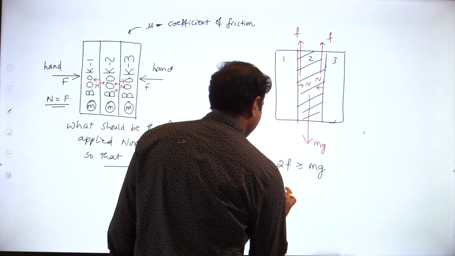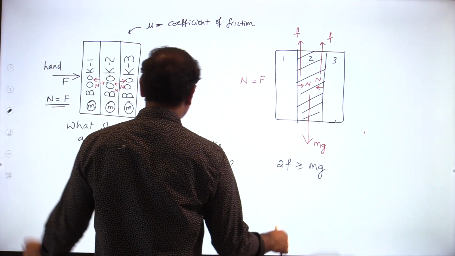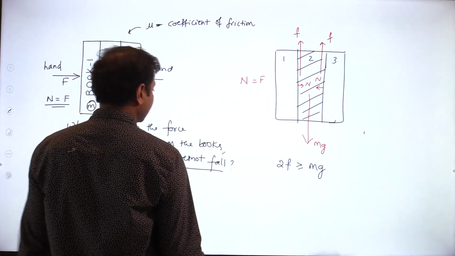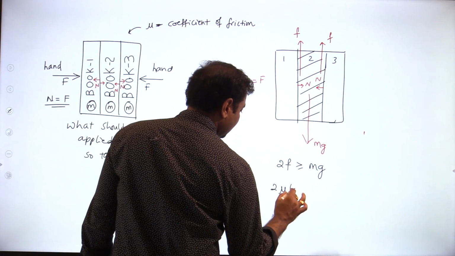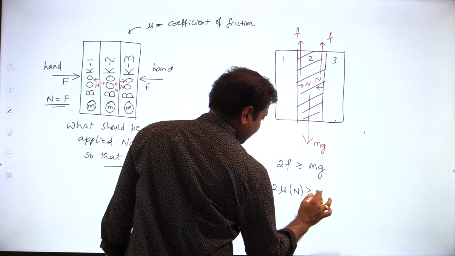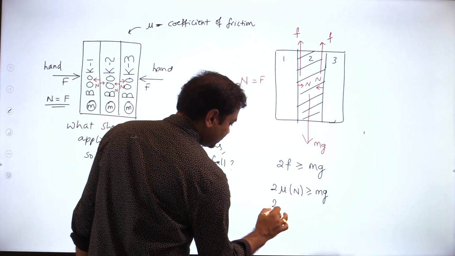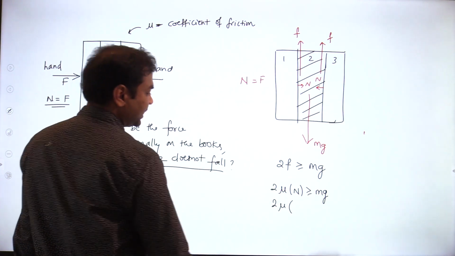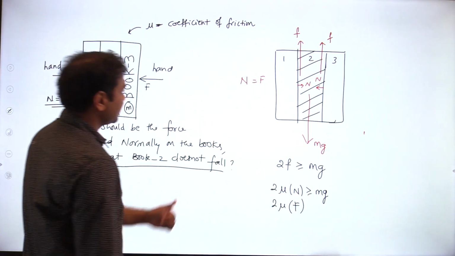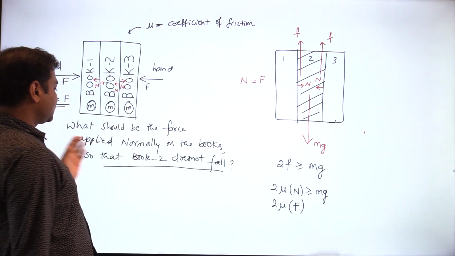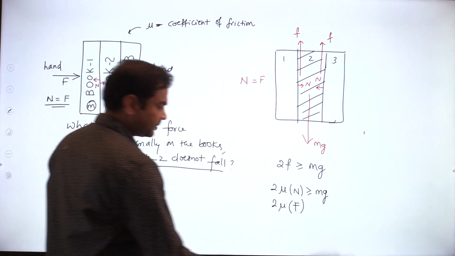So what is FL equal to? FL is equal to mu into the normal reaction. I can write down, 2 into mu into the normal reaction should be more than or equal to mg. So 2 mu into, what is the normal reaction? The normal reaction is nothing but the force applied by the hand. That only I am asking. What should be the force applied normally on the books?